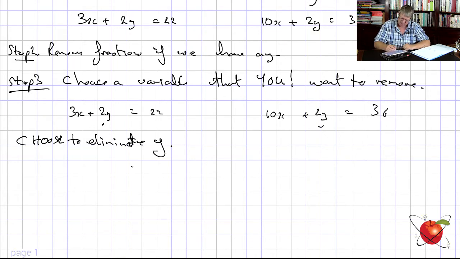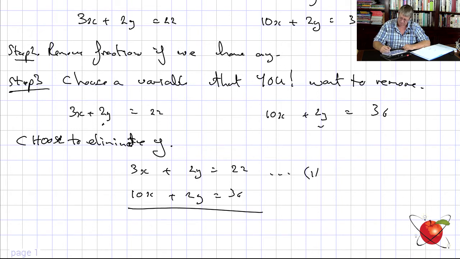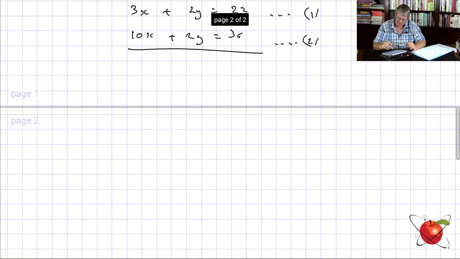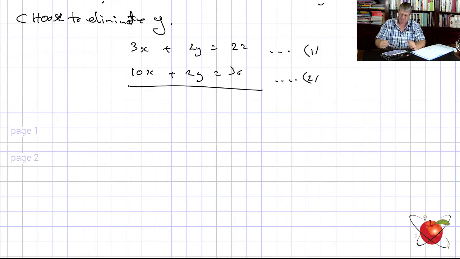Therefore, I now write them like this: 3x plus 2y equals 22, and 10x plus 2y equals 36. I label them equation 1 and equation 2. The next thing is, how do I get rid of the chosen y? We have chosen to get rid of this variable because the coefficients are the same.